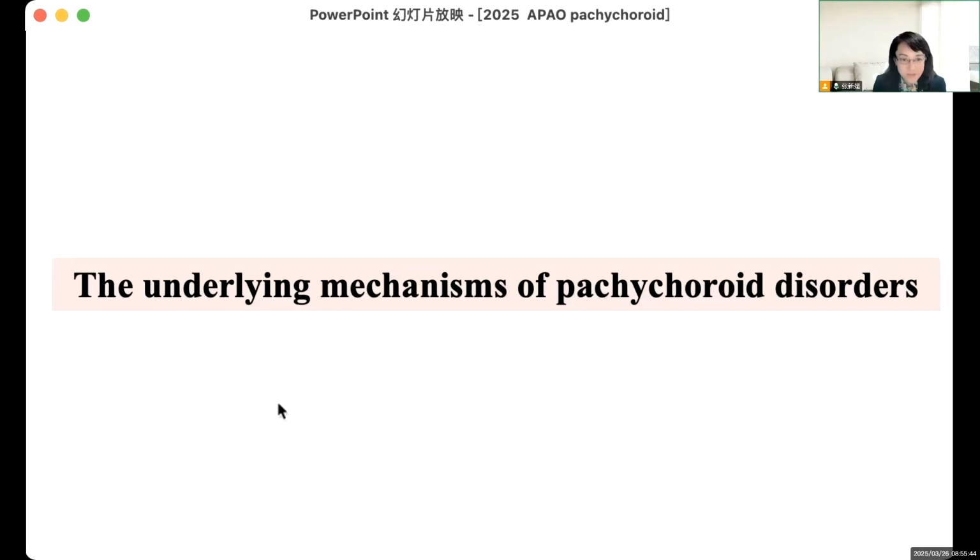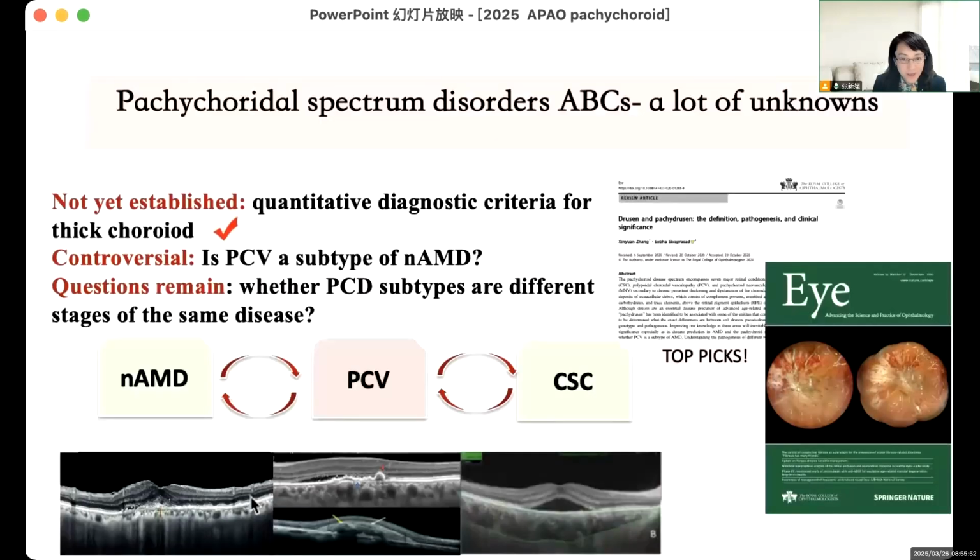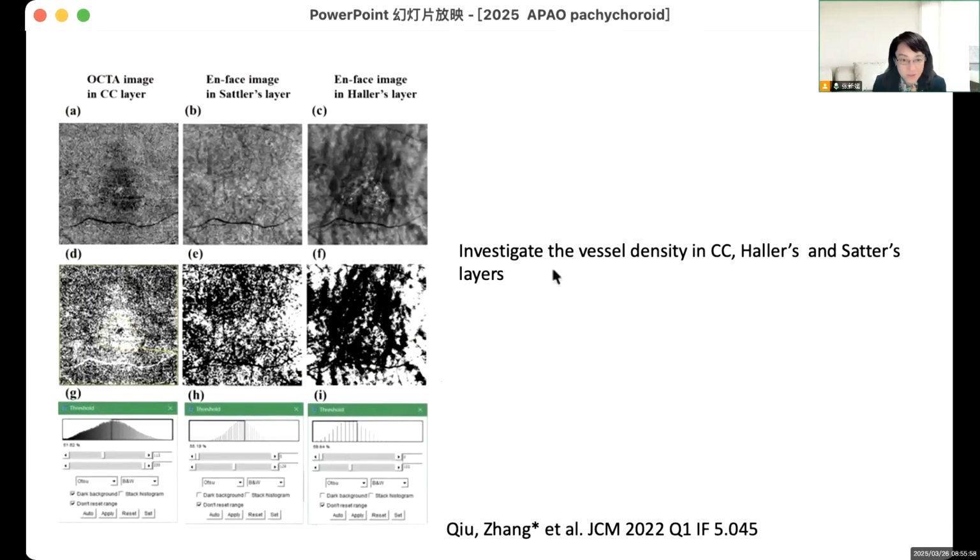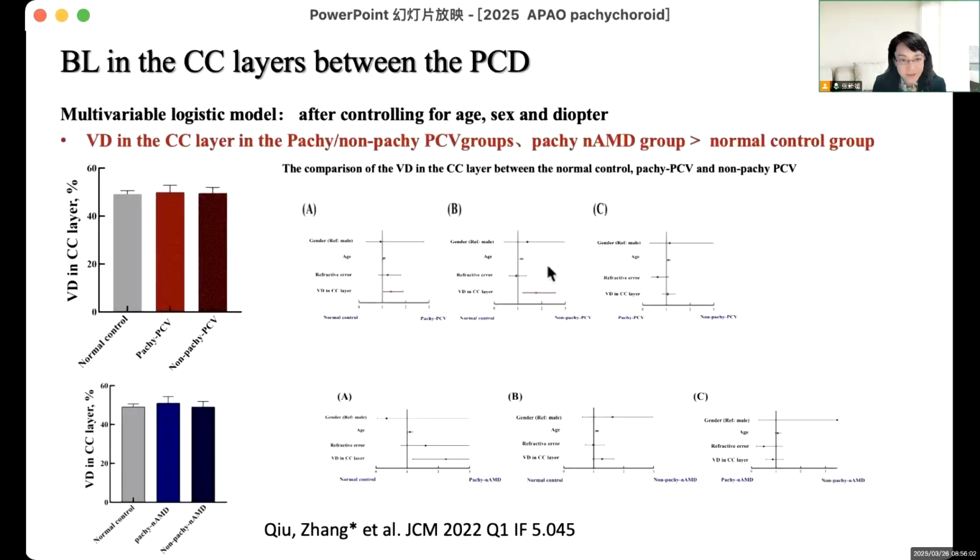To further answer the clinical questions, is PCV a subtype of neovascular AMD, and what is the underlying mechanism of PCV and neovascular AMD, we further investigated the blood flow in the CC, Haller's and Sattler's layers.